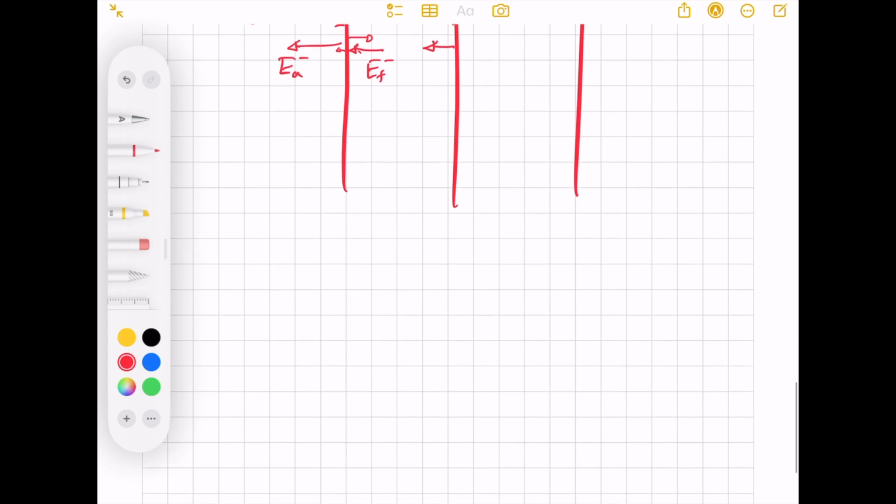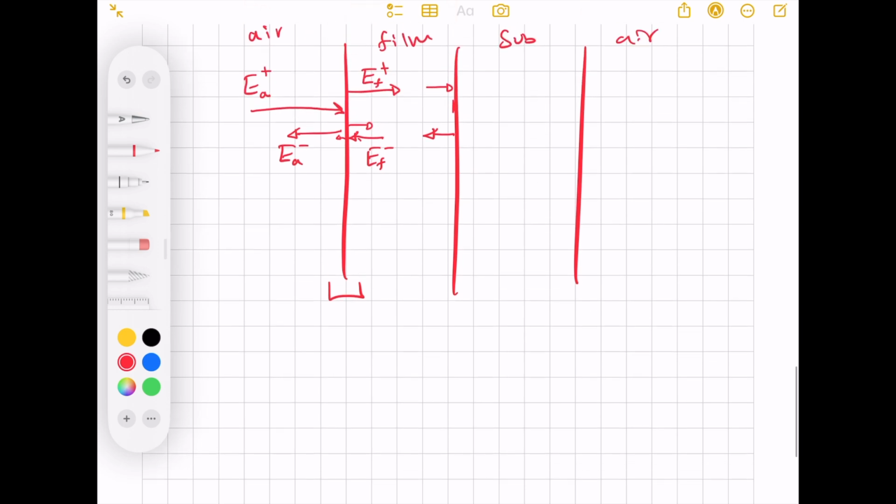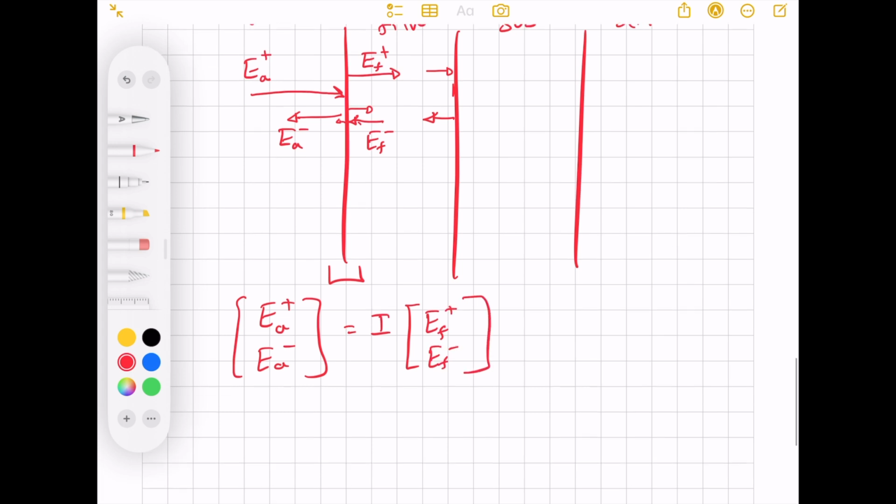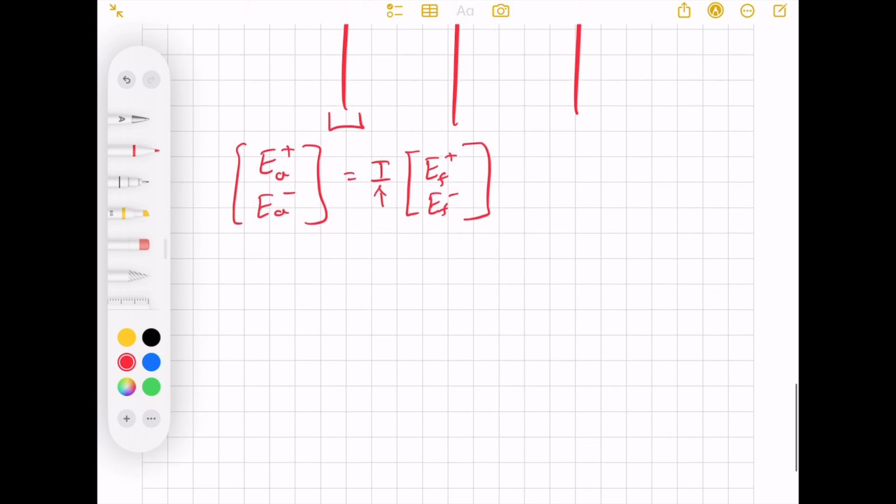We're actually going to represent this by looking at each interface individually, and we'll go over this quickly. We want a matrix in which E A plus and E A minus are some interface matrix I, or I call it D in the code, multiplied by E F plus and E F minus. So this is the matrix that we're trying to find.